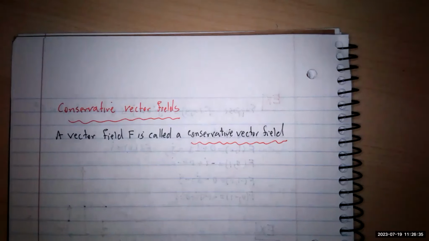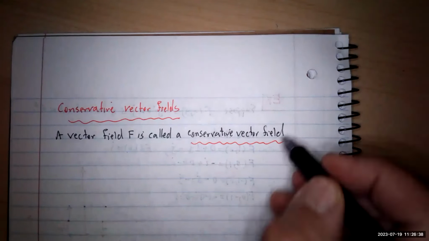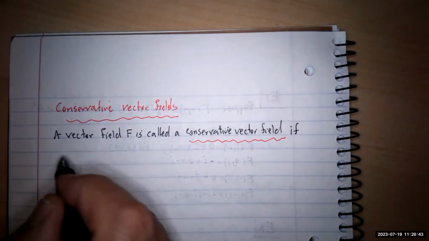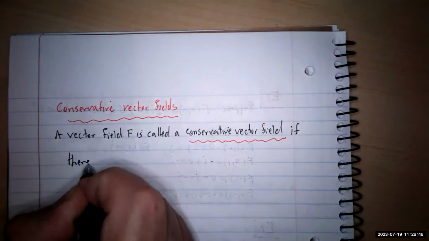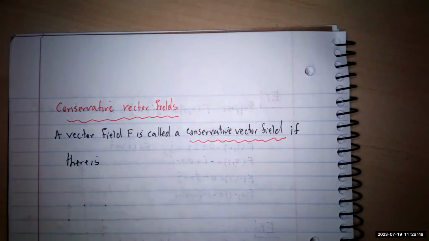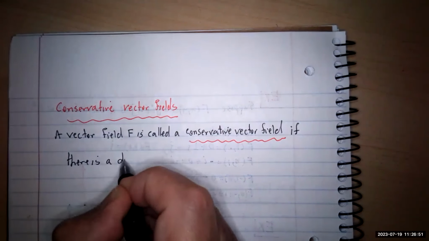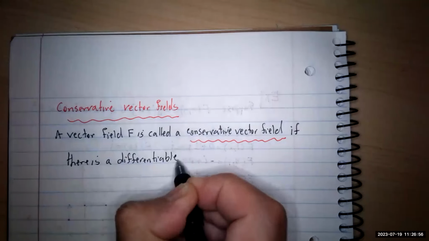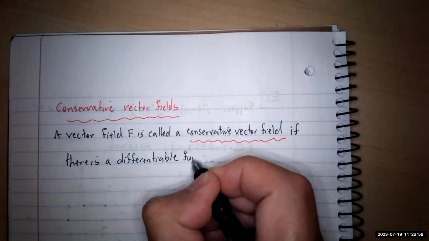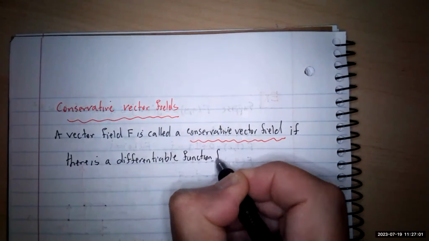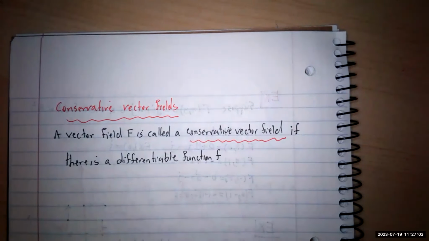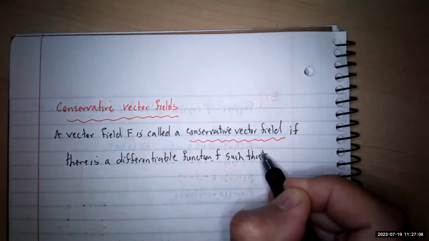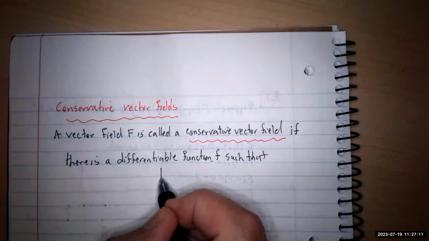It's going to be called a conservative vector field if there is a differentiable, real valued function f such that the gradient of this function is the same as your vector field.